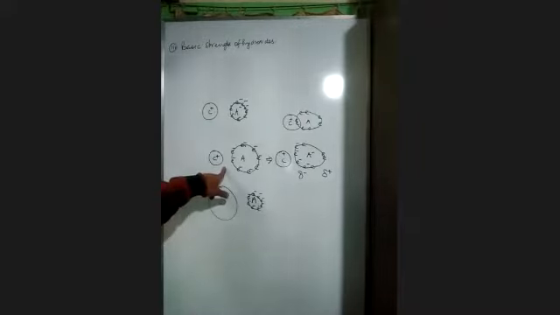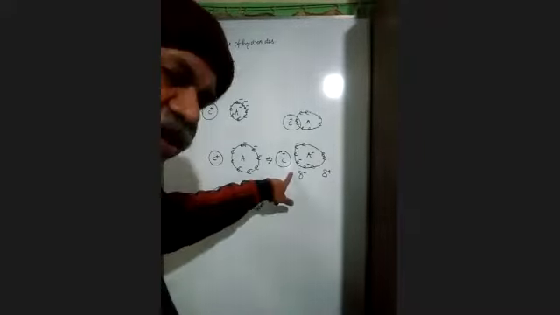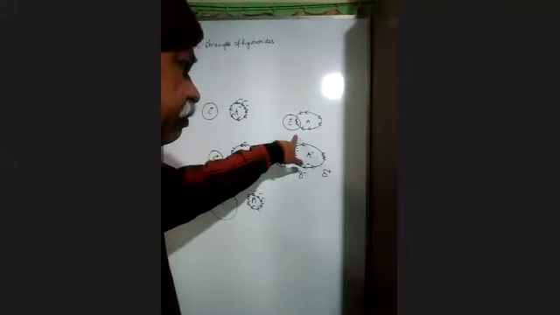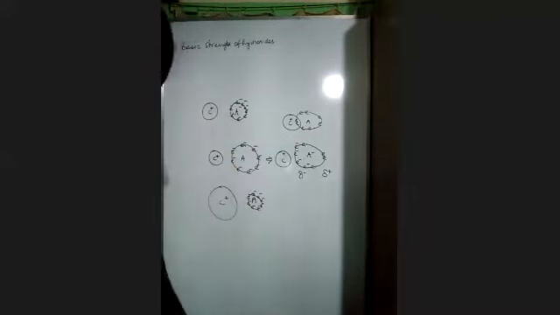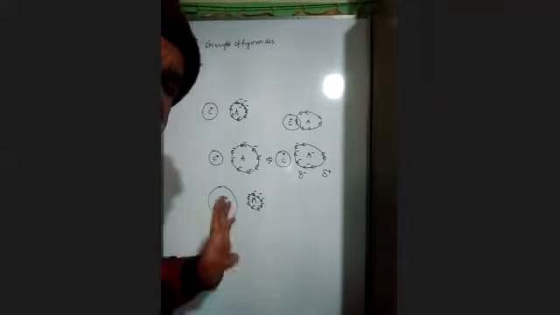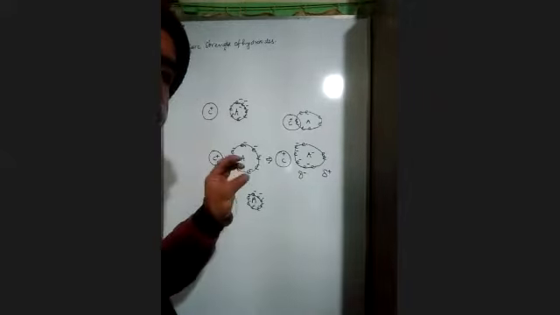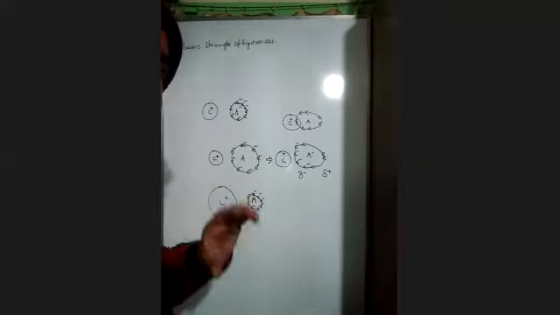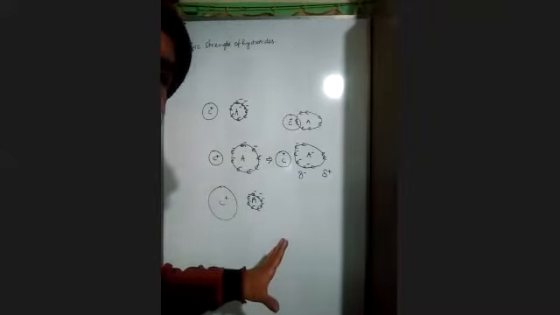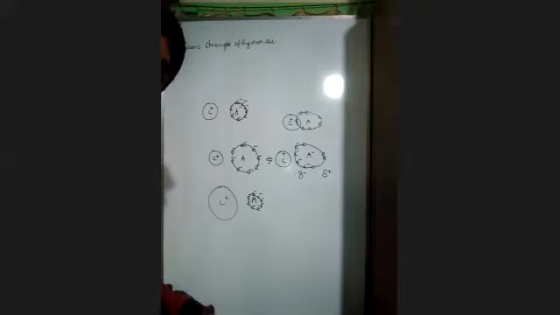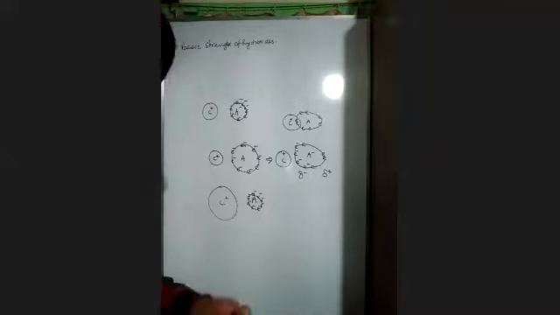It was ionic, got polarized, overlap has taken place, and it has attained a covalent character. Please remember, this is applicable for any cation and anion if the size of the cation is small and the size of the anion is large. So the anion's electron cloud gets polarized, and in that way it induces a covalent character in the salt.